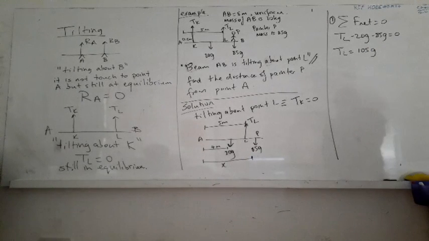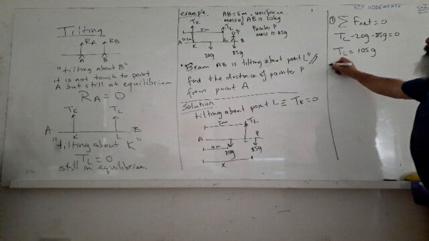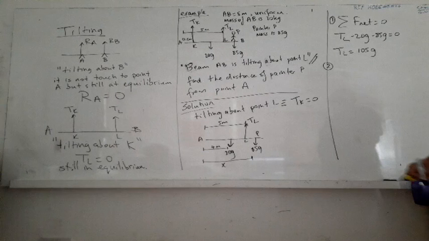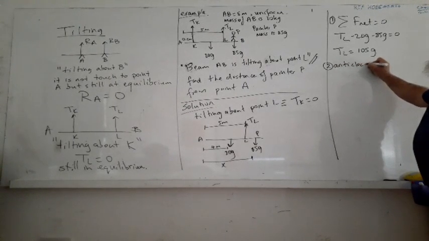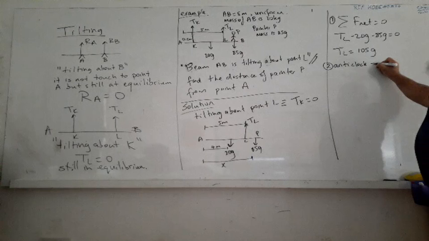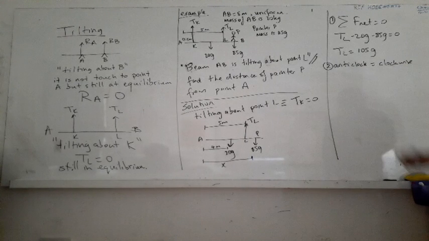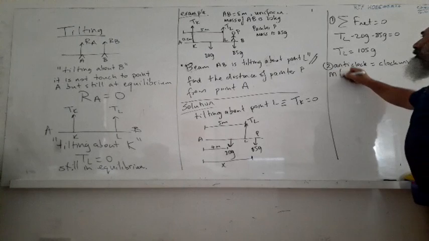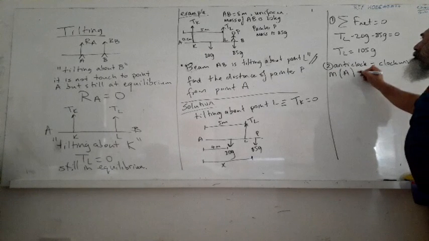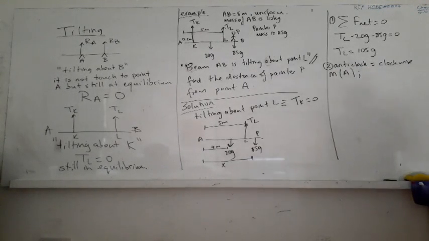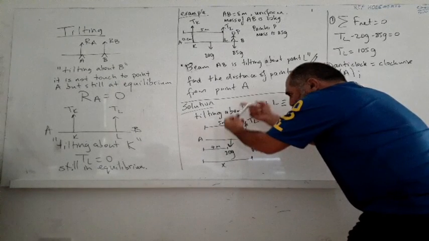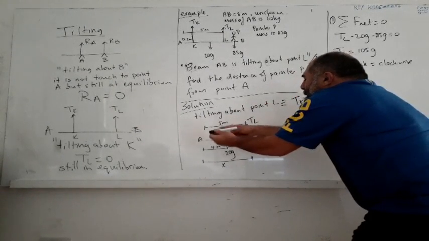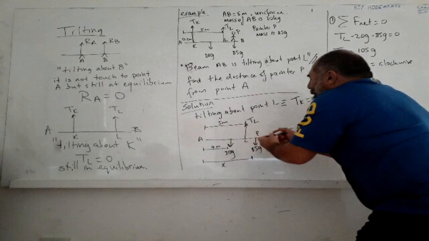Now, what is the second rule to be in equilibrium? Anti-clockwise moments must be equal to clockwise moments. And we are going to take our moment from point A. How do we calculate the anti-clockwise moments? We have only TL pointing up, trying to turn the beam AB in anti-clockwise direction.